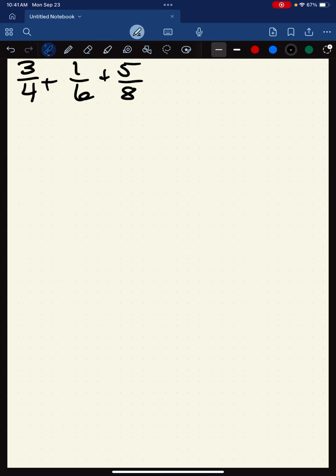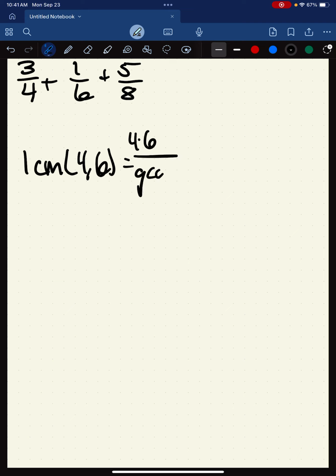What we're going to do is get a common denominator for any 2 of them. Let's do that. The least common multiple of 4 and 6 is going to be 4 times 6 divided by the greatest common divisor of 4 and 6. 6 times 4 is 24. The greatest common divisor of 4 and 6 is going to be 2. So we got 12.